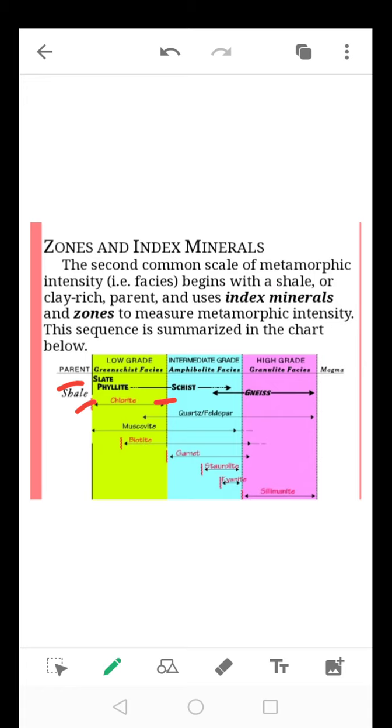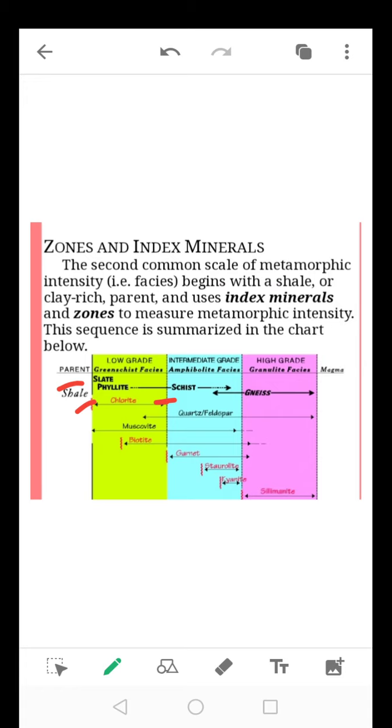What do these rocks tell you as a geologist? Now, this simply tells you that we are reaching different grades of metamorphism. Because even the mineralogical composition was changing from what?